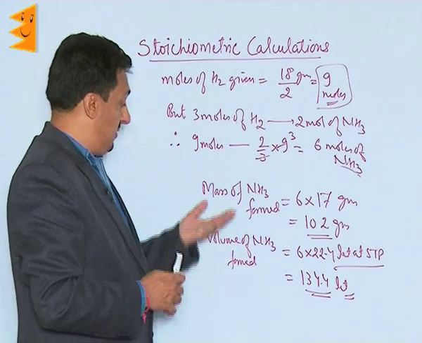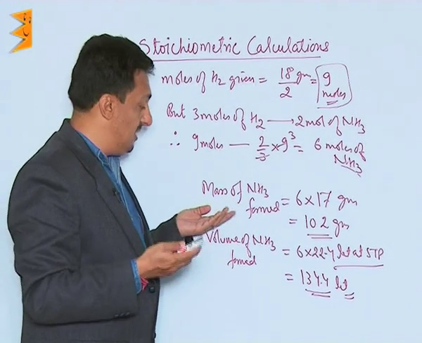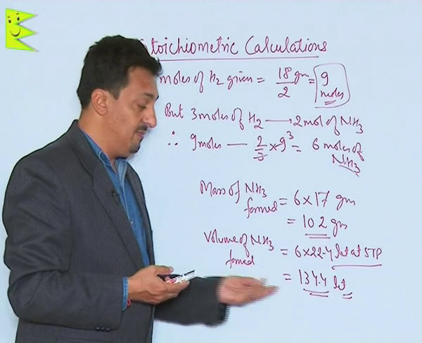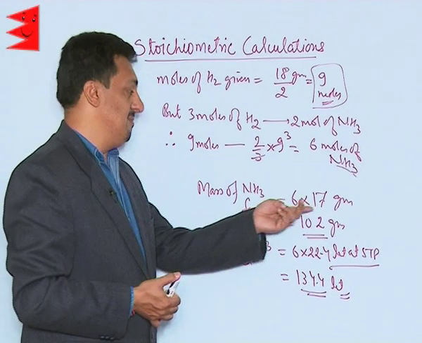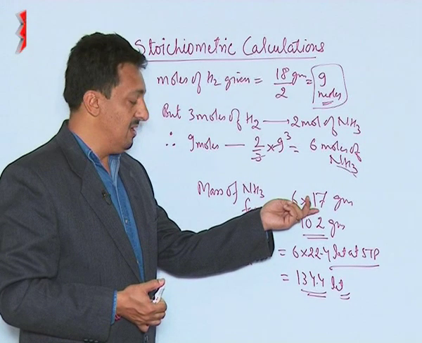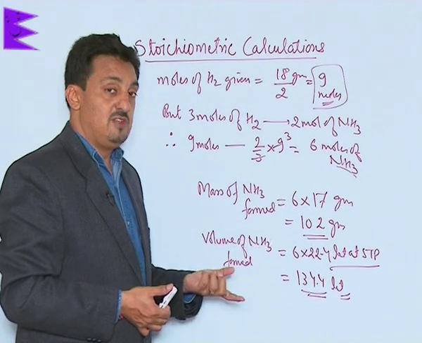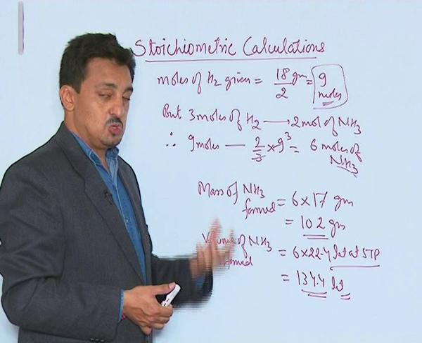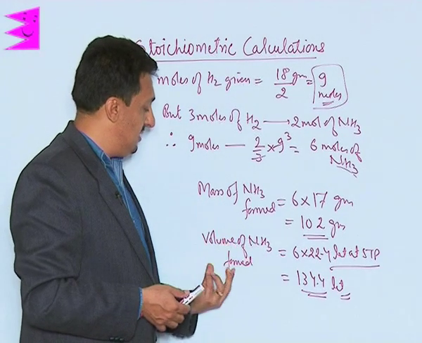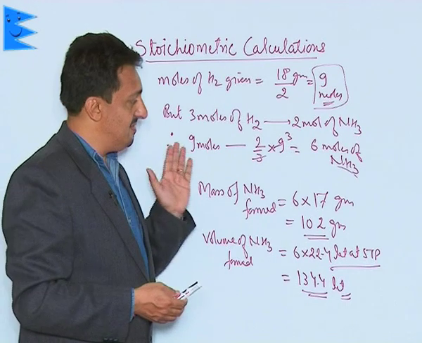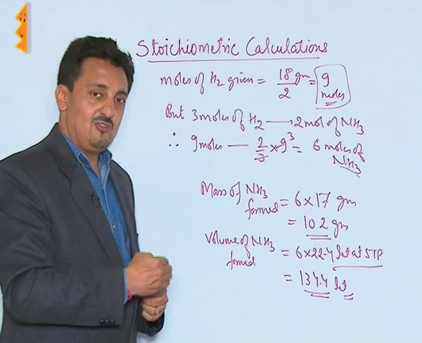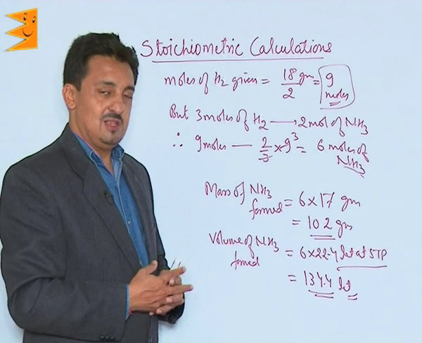So as the numerical was asking to find out the volume, it is this much. If it asked how much mass of ammonia is obtained, simply multiply it by its gram molecular mass. So this is the benefit of using the mole system in stoichiometry, that whatever we want, whether the volume or the mass or the number of molecules, we can easily find it out. So this was a numerical which was correlating the mass-volume relationship.